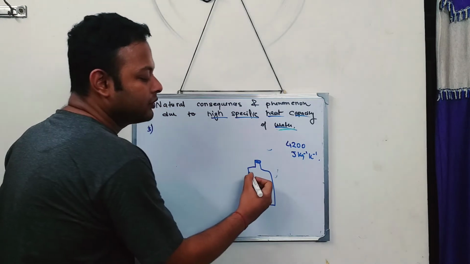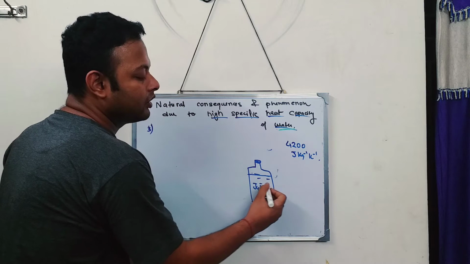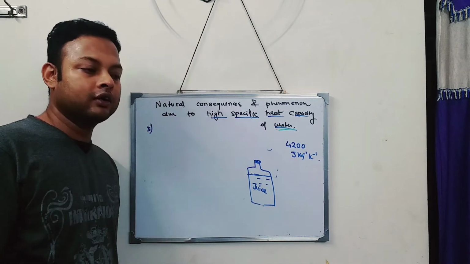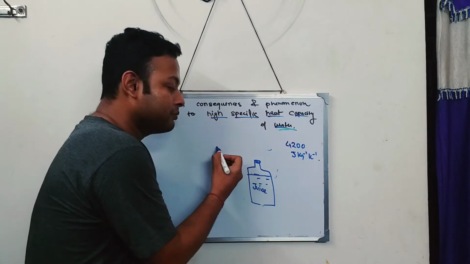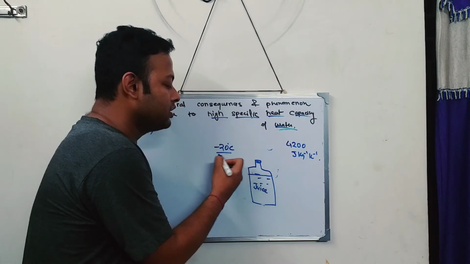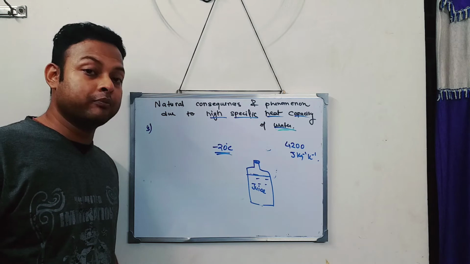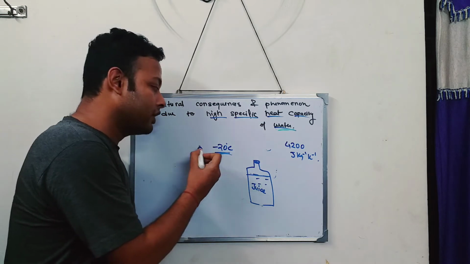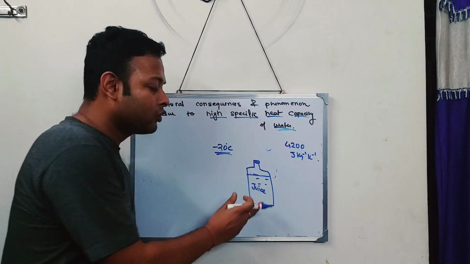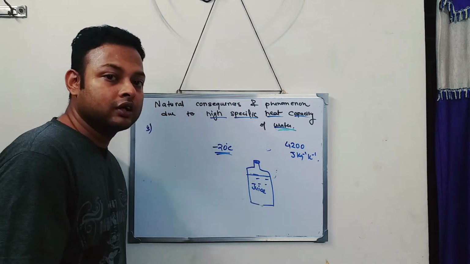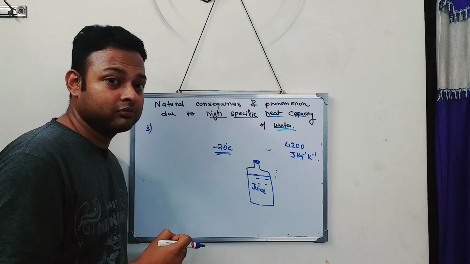Now if I keep the juice open, what will happen? In cold countries, the outside atmospheric temperature is near about minus 20 degrees centigrade. This low temperature will surely, 100%, convert the liquid juice into solid juice.